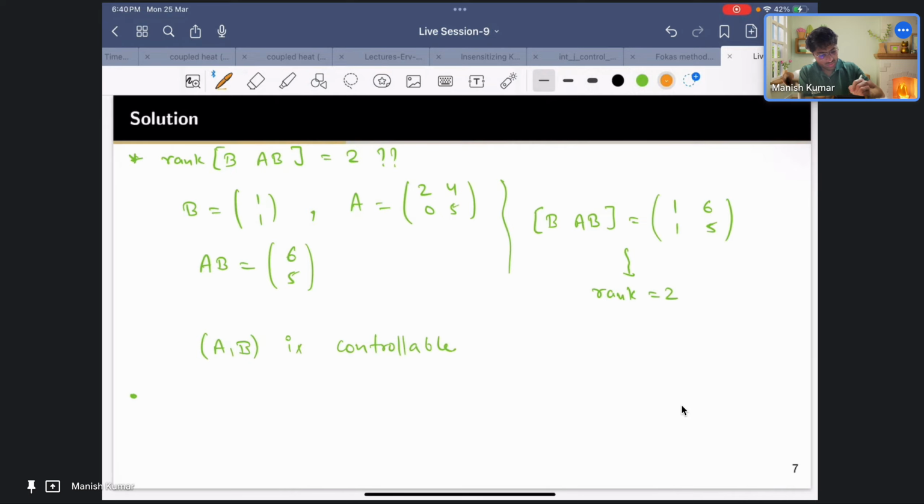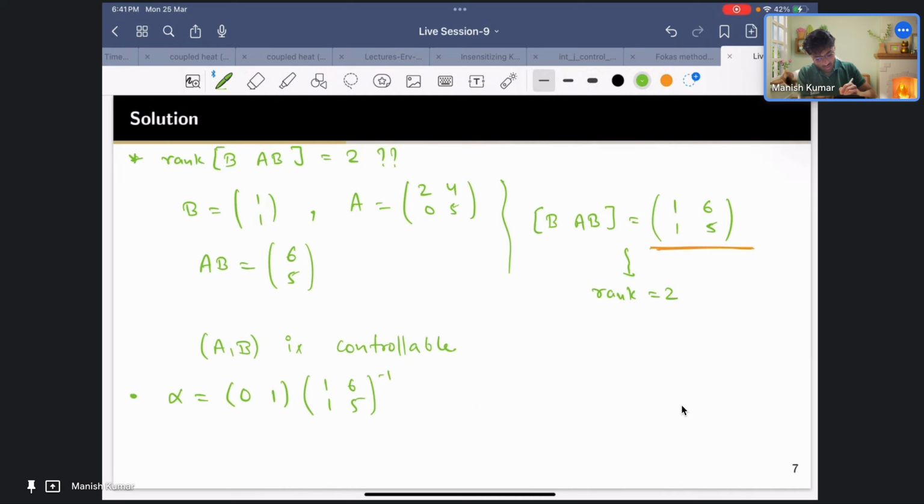It is basically 1 cross 2 in this particular case. Since it is a 2 cross 2 setup, we'll put [0 1]. If it's n cross n, we'll put 0, 0, 0 and then 1 at the end. So alpha is [0 1] times the inverse of [1 6; 1 5].